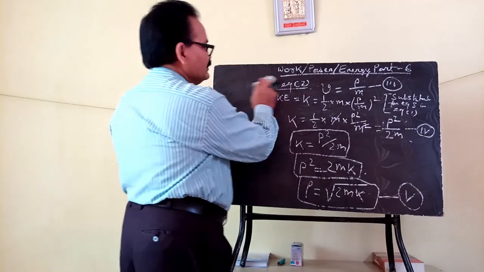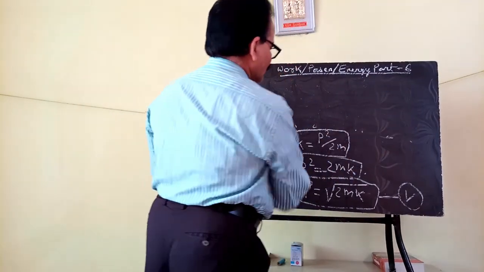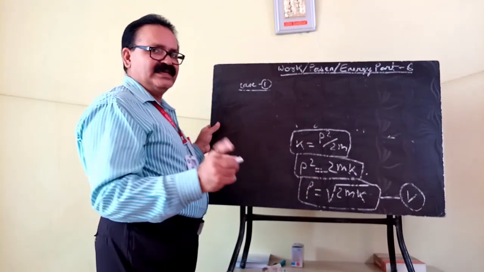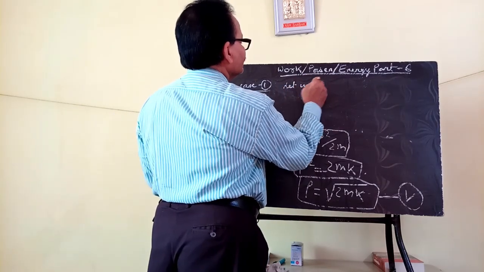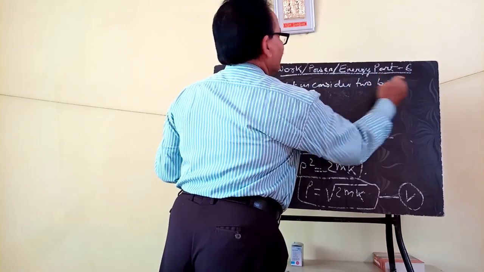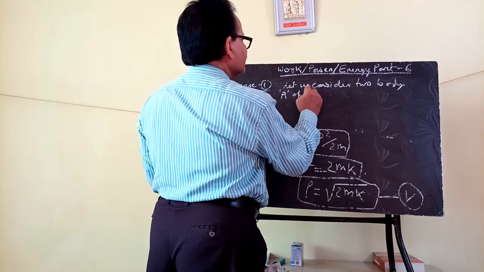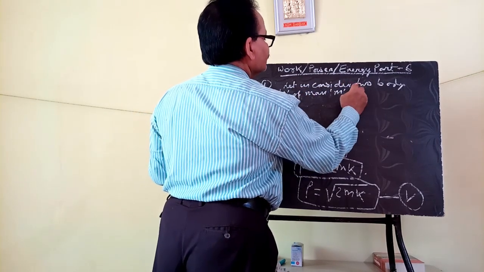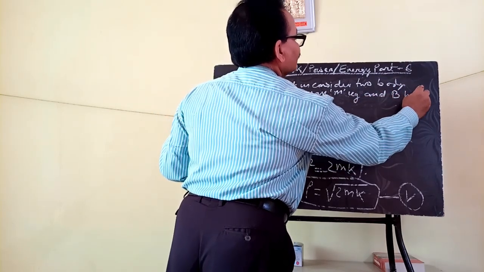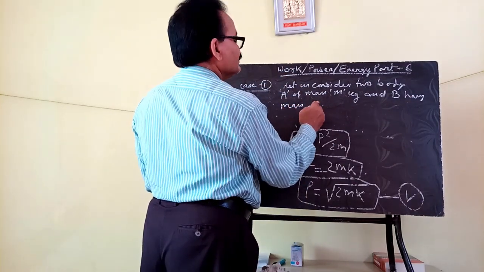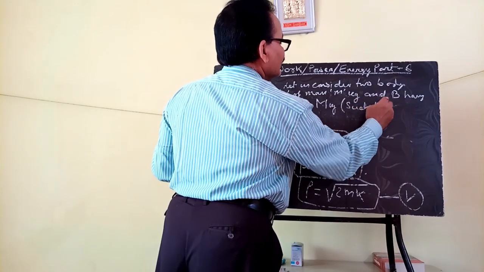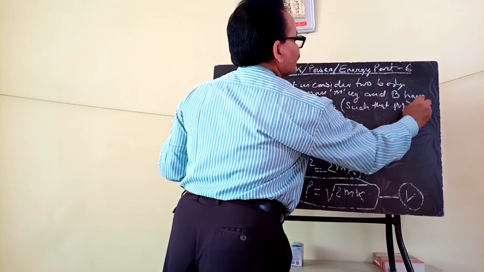So the first case is, suppose case 1, if we consider two bodies A and B, let us consider two bodies, A of mass small m kg and B having mass equal to capital M kg, such that capital M is greater than small m.